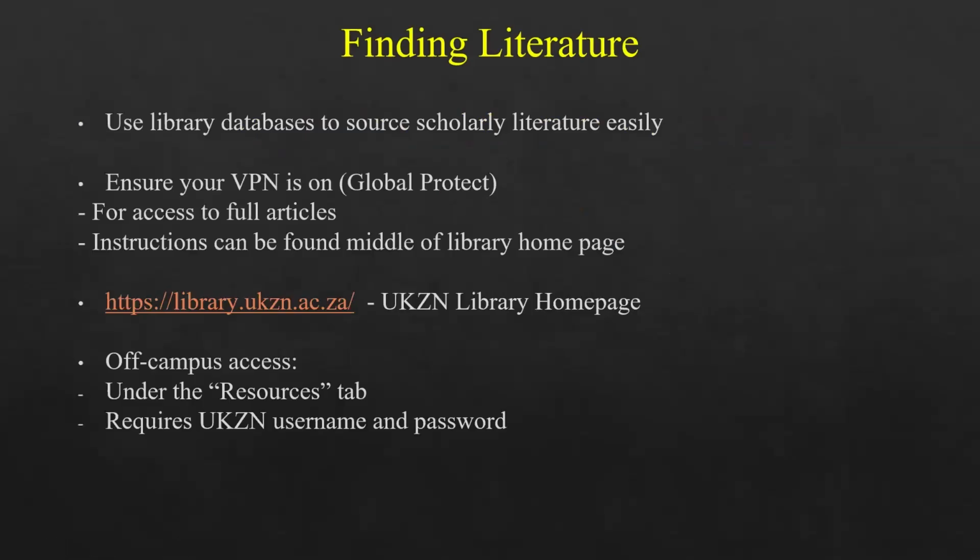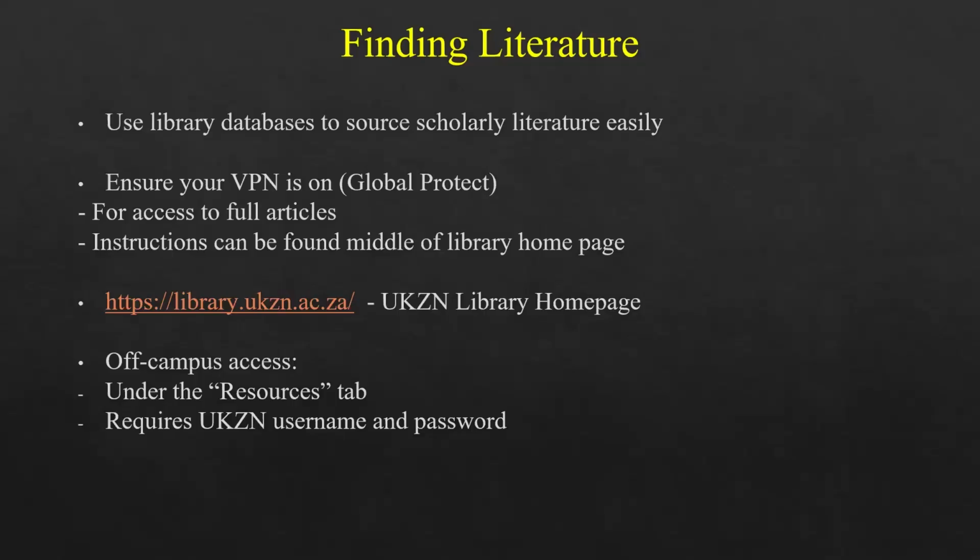Okay, so the first step in constructing or technically putting together the literature review is how do I find information? How do I find information that I'll put into my literature review chapter, for example? And I would say that a very good tip is to begin with your library databases in order to be able to source information.